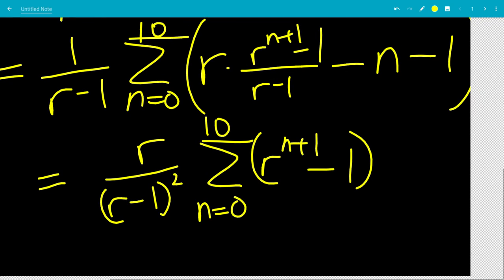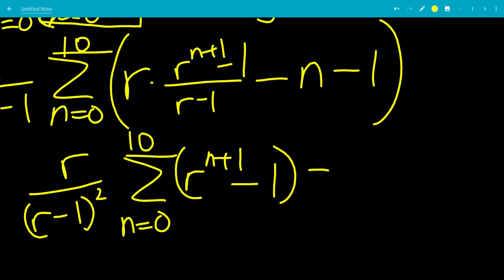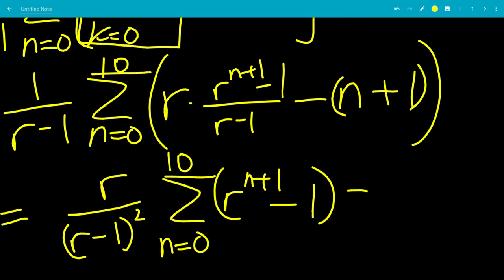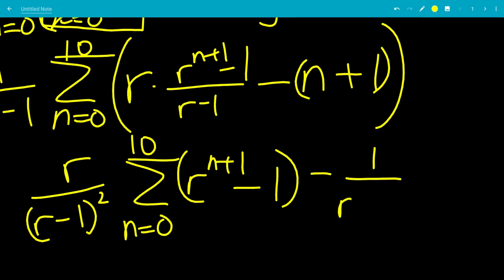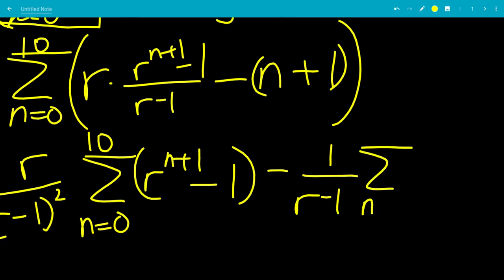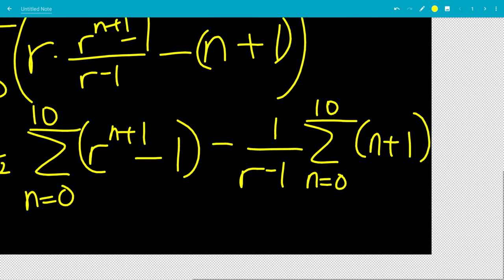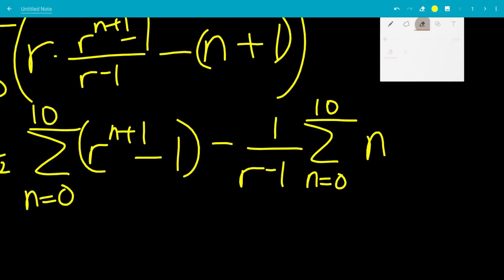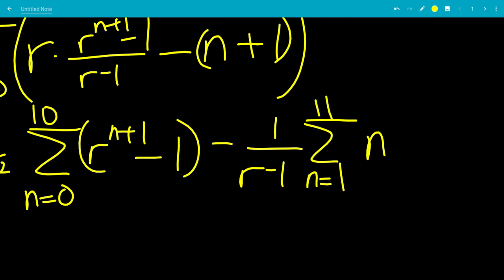And then we'll have minus, and we can write this as n plus 1 in the parentheses. So this is 1 over r minus 1 times the sum from n equals 0 to 10 of n plus 1. Okay, good. But we can move n plus 1 back to n. So instead of going from 0 to 10, we'll have 1 to 11.